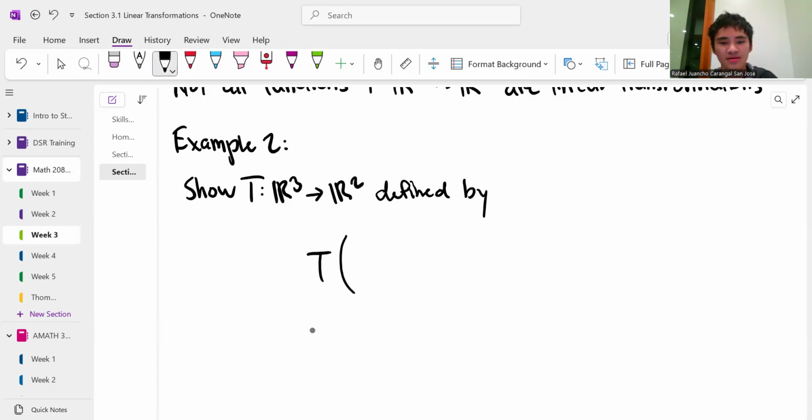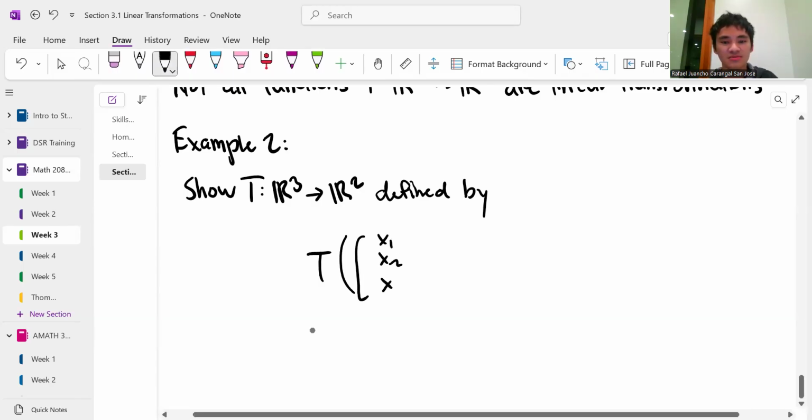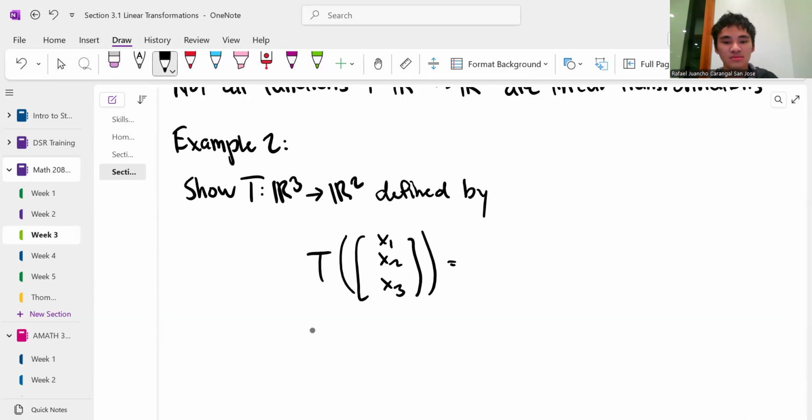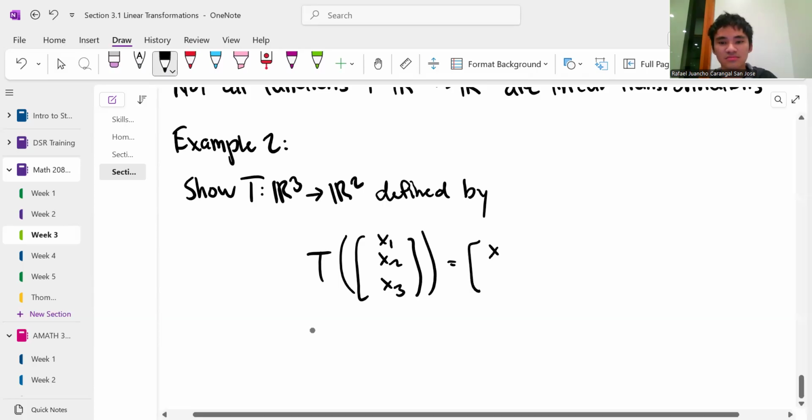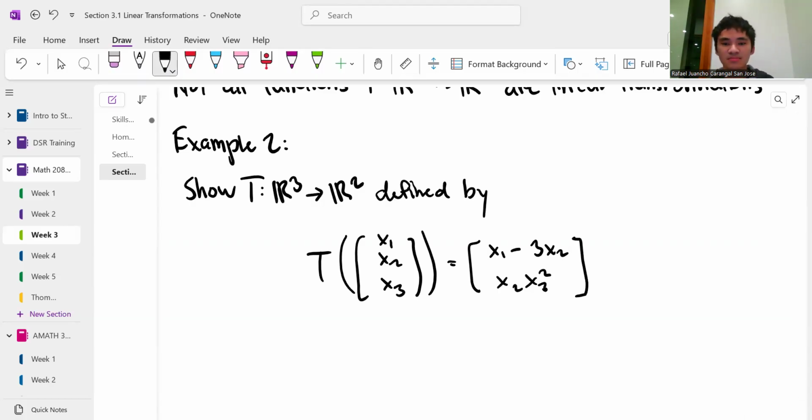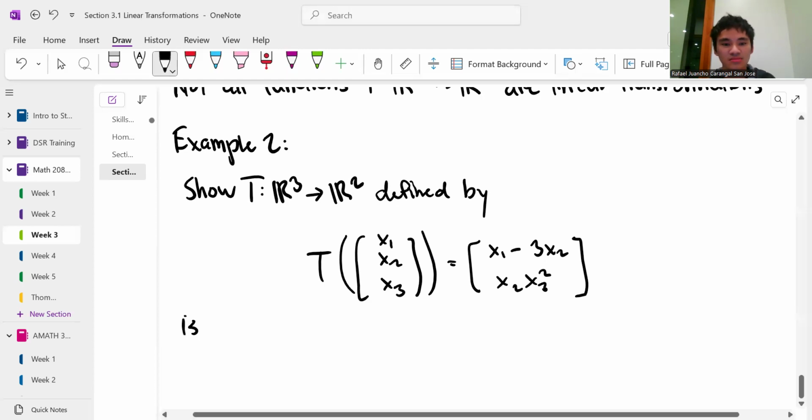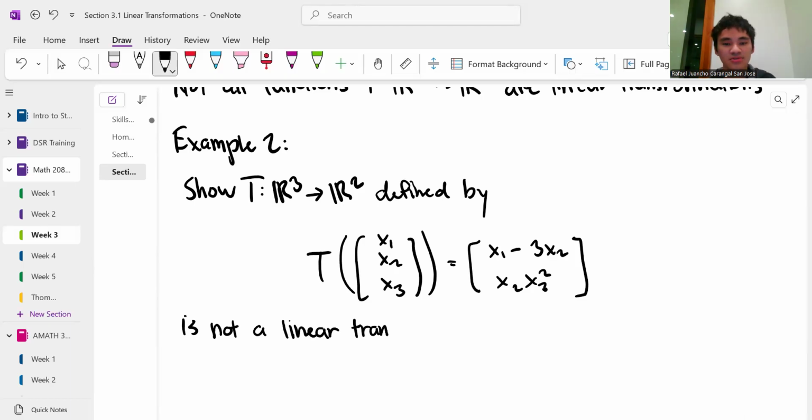T of x sub 1, x sub 2, x sub 3 is equal to x sub 1 minus 3x sub 2 as our first component, and x sub 2 multiplied by x sub 3 squared. Now, this is not a linear transformation. And we can check this.